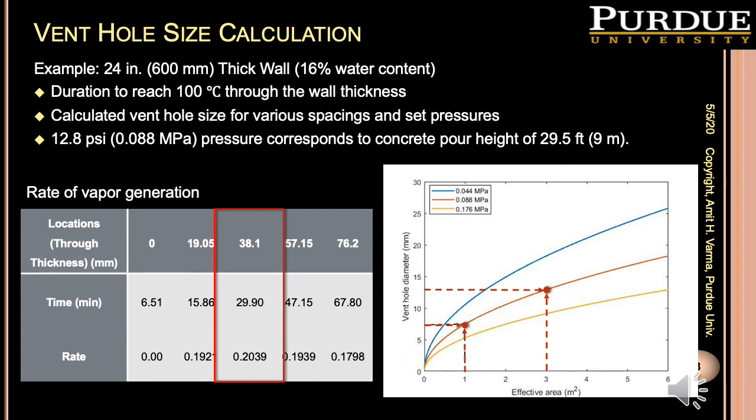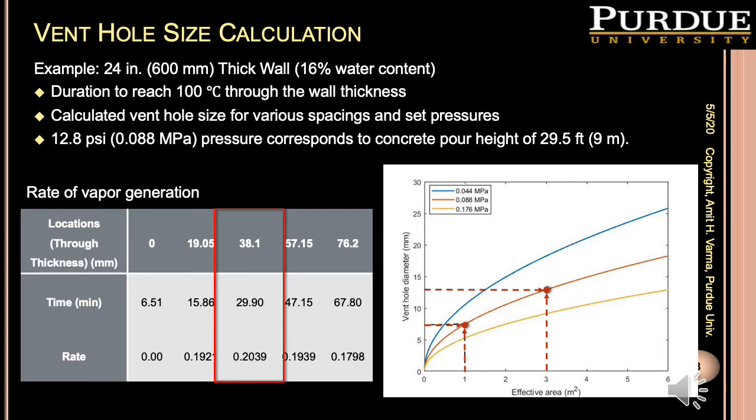Depending on what your effective area is, which is controlled by the spacing of your vent holes. Let's say your spacing of the vent holes is 1 meter by 1 meter, which means your effective area for a vent hole is 1 meter square. You would need a vent hole diameter of around 7.5 millimeters.